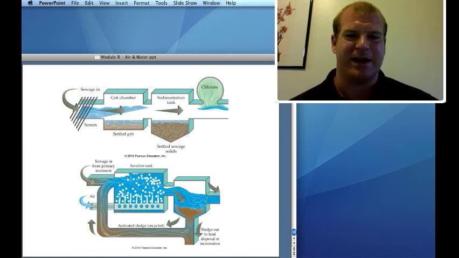Then this is sent out, and it's also disinfected. The reason is that this activated sludge could also be a pathogen, so it could cause problems for people or for water systems, and ultimately humans, because of the diseases that could form from it.